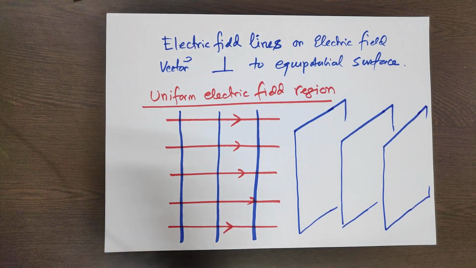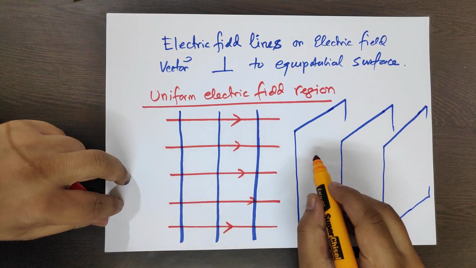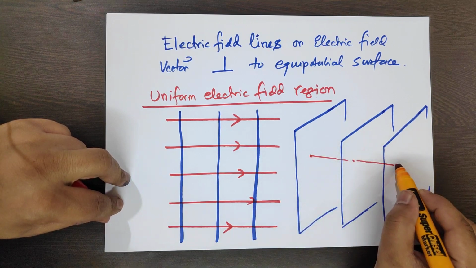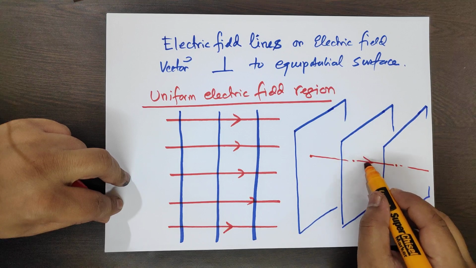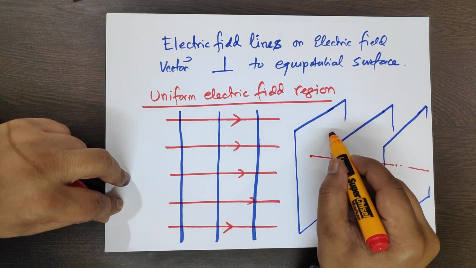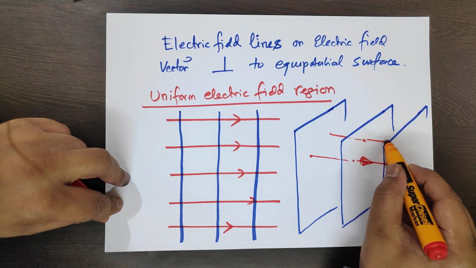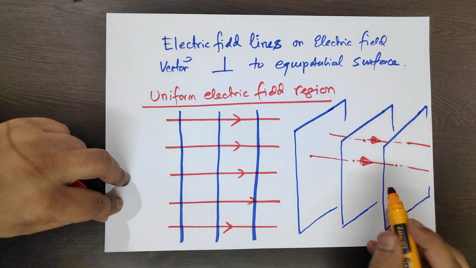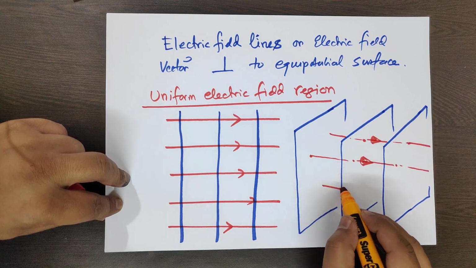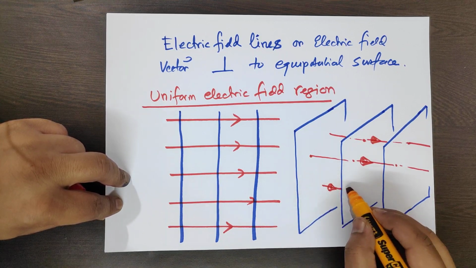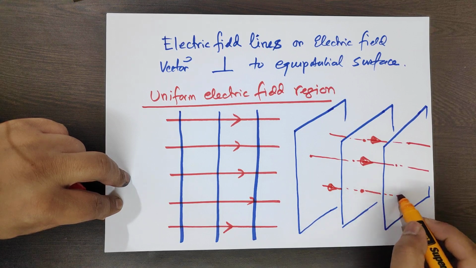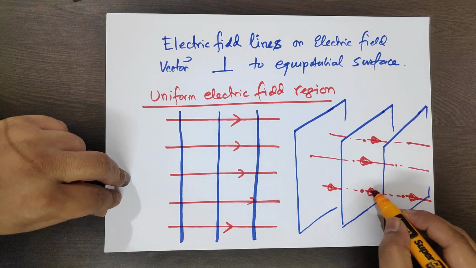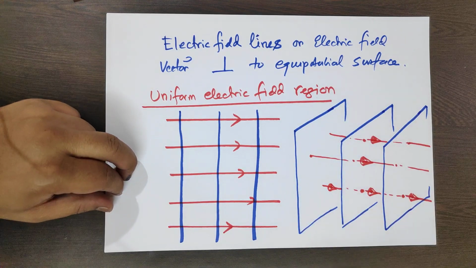So let me draw the field. The field will pierce through the surface like this, piercing through the equipotential surfaces.